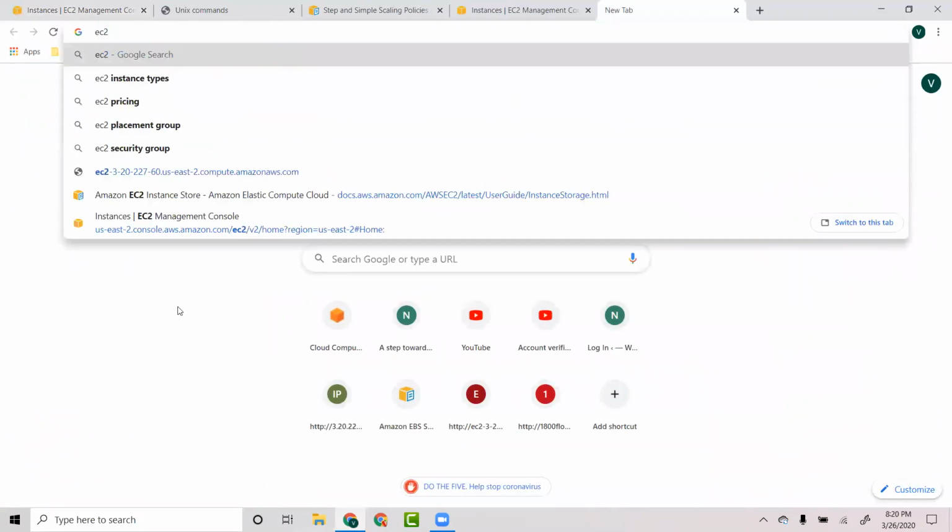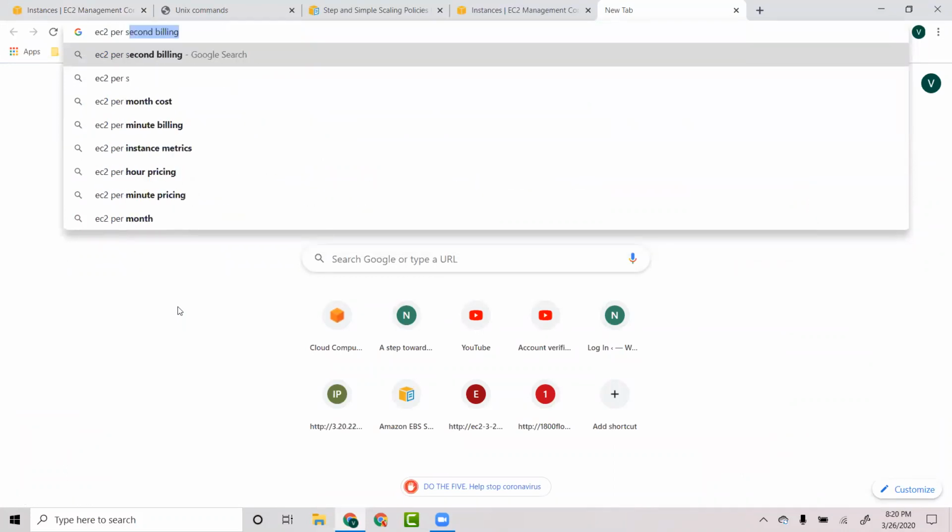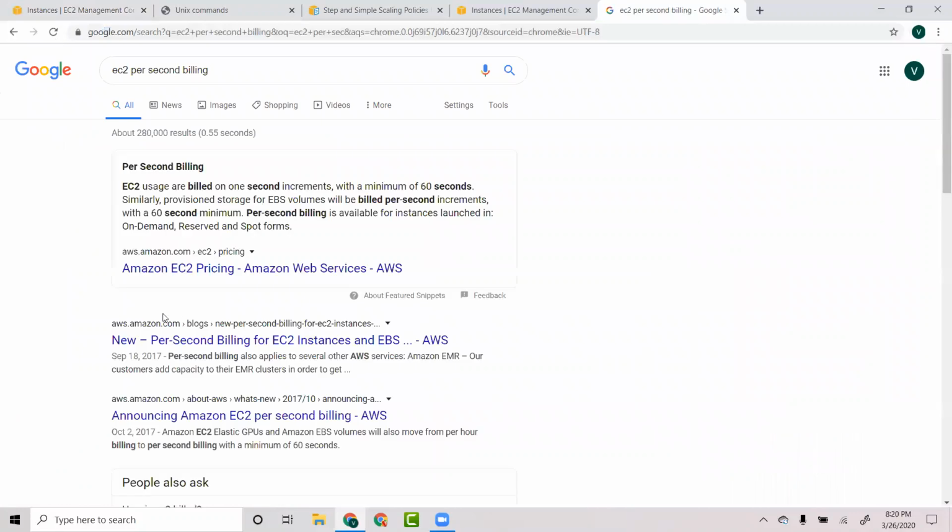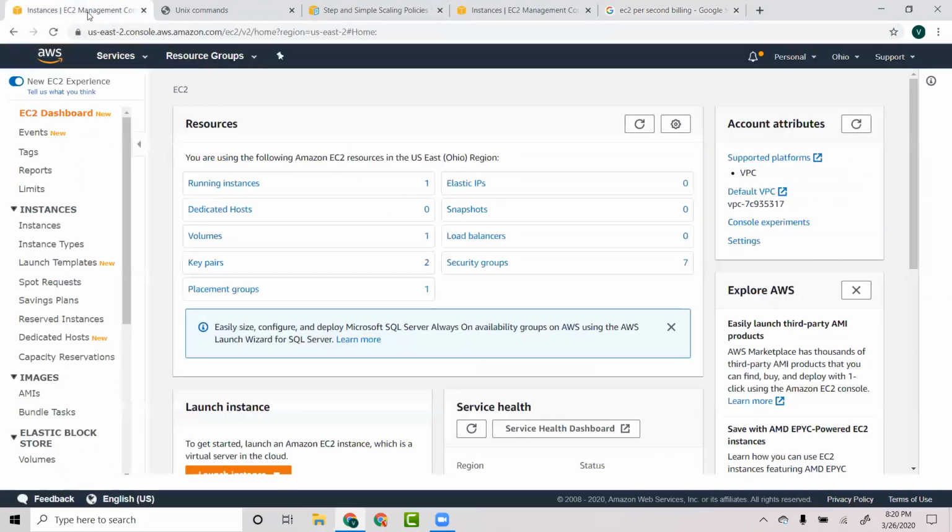Let me check: EC2 users are billed in 1 second increments. There you go, apparently EC2 is one of them. So if you use it for 39 seconds, then you'll be charged for 39 seconds. But that's not the case with reserved instances.